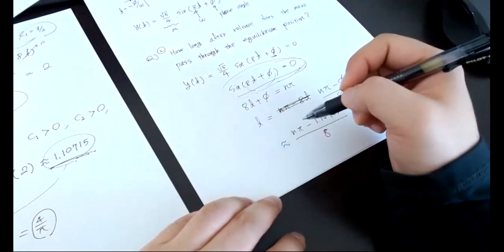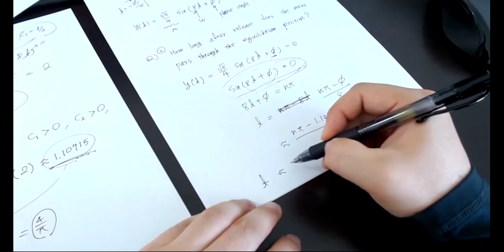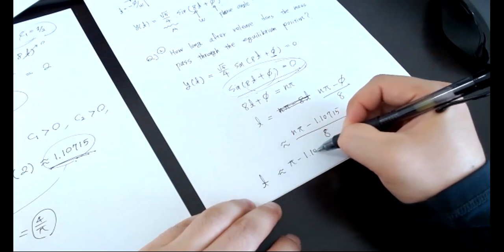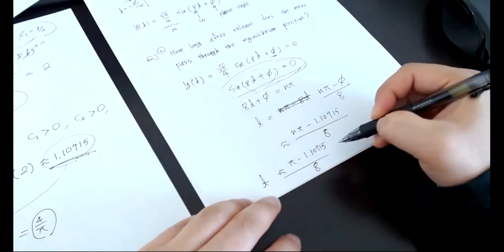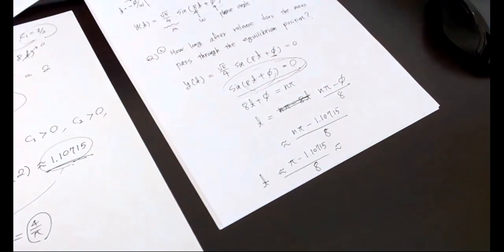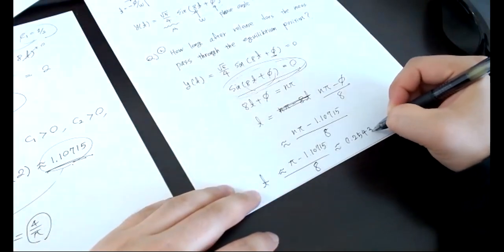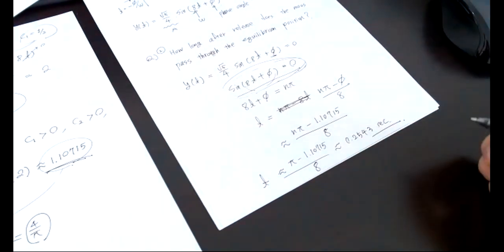Putting 1 into n, t is approximately pi minus 1.10715 over 8. This is approximately, give me a second. So pi minus 1.10715, and then divide by 8. That will give us 0.2543.